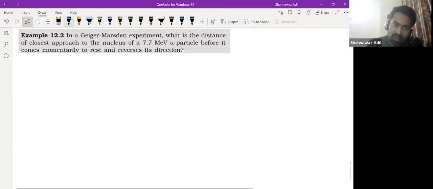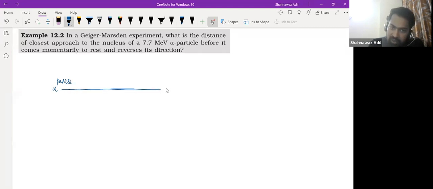So let's say we provide some energy to this alpha particle, and this alpha particle goes towards the nucleus.